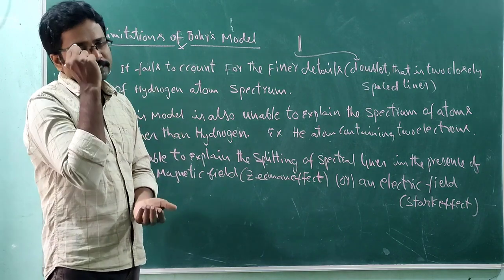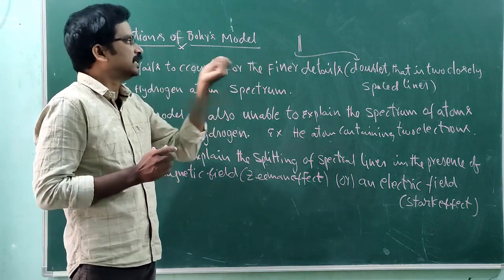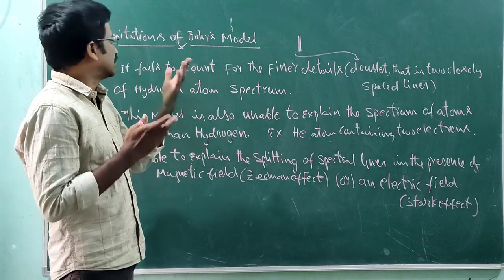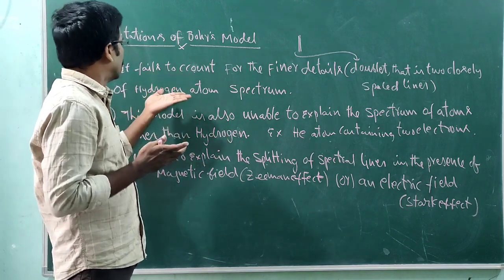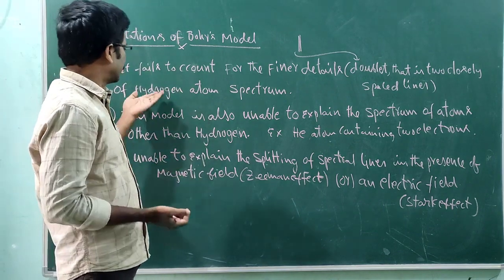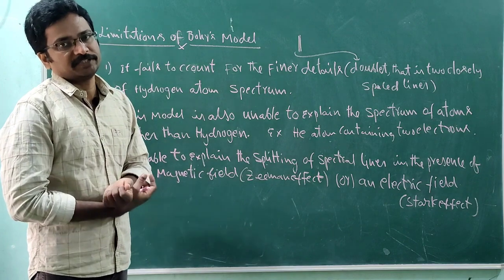In the hydrogen spectrum, some lines are very close to each other, known as doublets. So this cannot be explained by Bohr theory for the hydrogen atom spectrum.